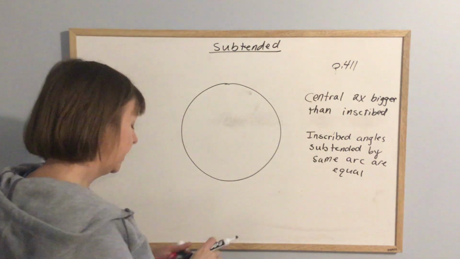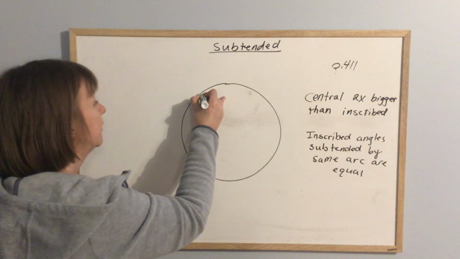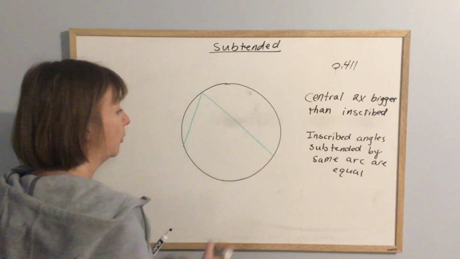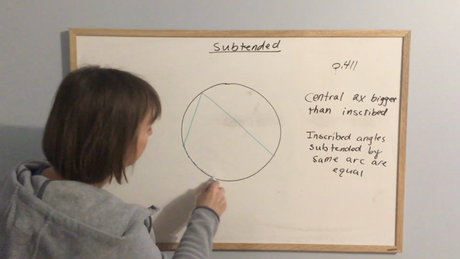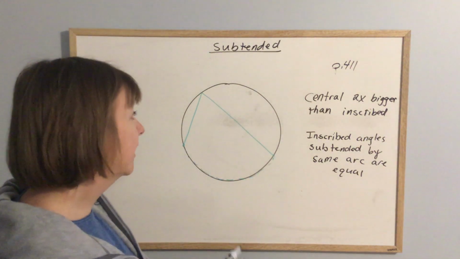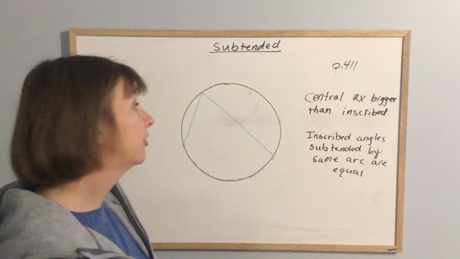All right, but if I had an inscribed angle, an angle on the edge, and let's say it came out to this point and this point, all right? So it is subtended by that arc right there. And let's say I had another inscribed angle, another angle that's at the edge of the circle.